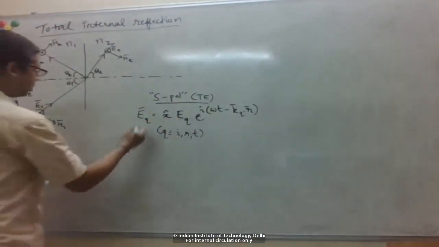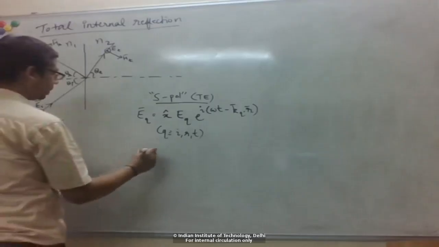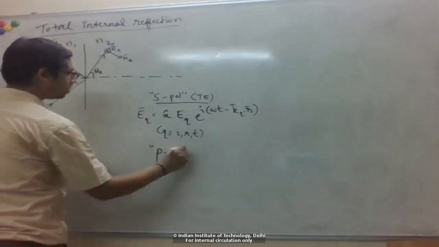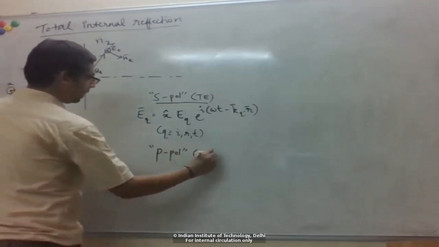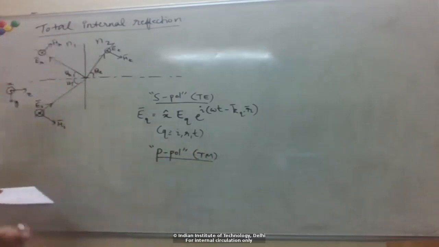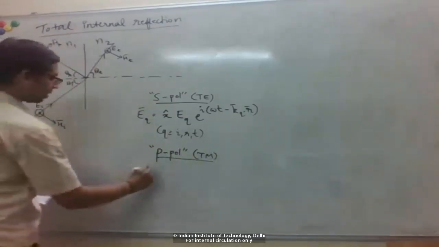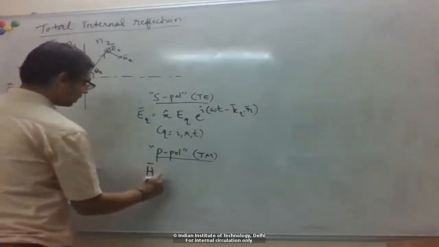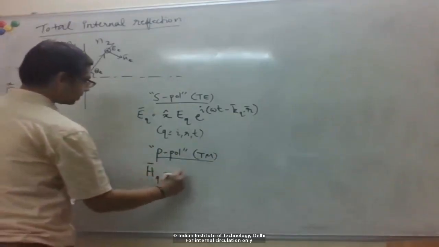There is another configuration known as P polarization, also known as TM or transverse magnetic, where the roles of electric and magnetic fields are reversed. There, the magnetic field is transverse to the plane of incidence, so I will write the H field like this.